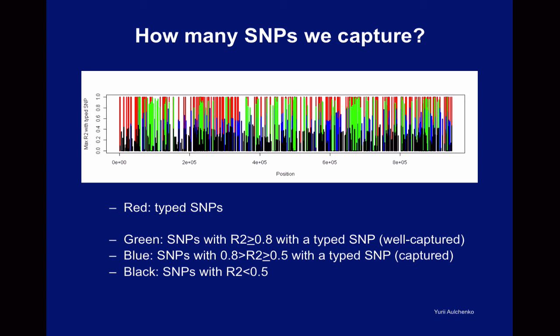And then in blue are SNPs which are poorly captured with my genotyped SNPs. The R square is between 80 and 50%, and then in black I show the SNPs which are really not visible when you type these red SNPs because they have only very low linkage disequilibrium with the typed SNPs.